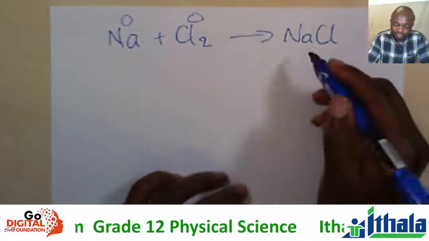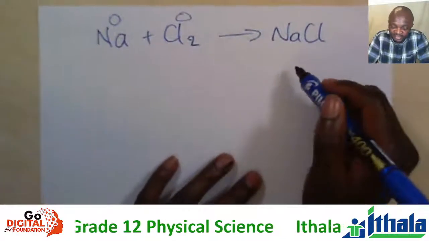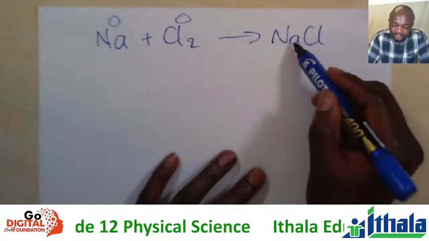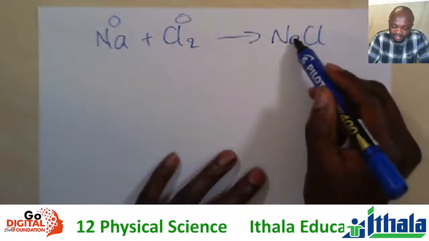So if it's not in a compound, the oxidation number is 0. Right.